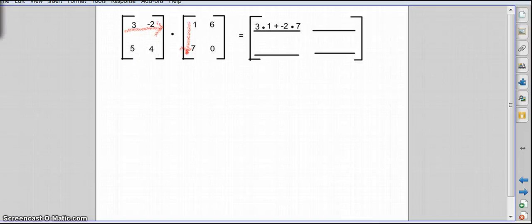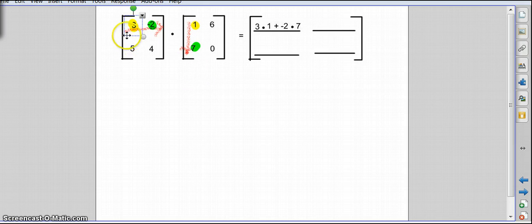So what I do is I take the first element in this row, and I multiply it by the first element in that column. So I take the 3, multiply it by the 1, and then I add to that the negative 2, the second element in that row, times 7, which is the second element in that column.